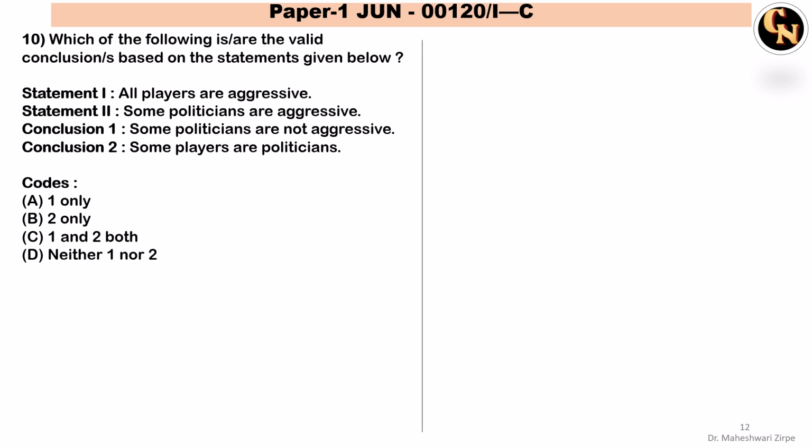Some politicians are not aggressive, some players are politicians. So here, neither of the conclusions is correlating with the given statements. That means your option D is the correct option: neither one nor two. The conclusions are not correlating with the given statements.